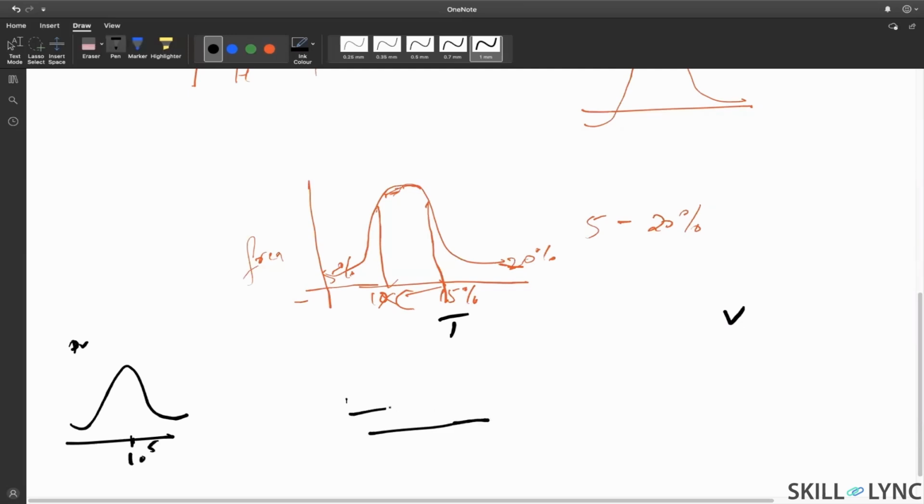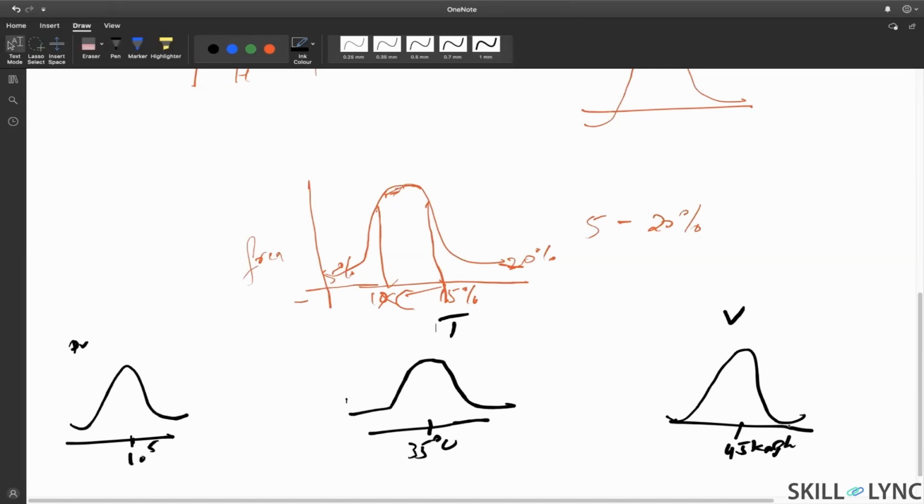For temperature, it would be 35 degrees. For velocity, it would be like, say, 45 kmph. Now, if you notice, the scale is different for all three normal distributions, and the units are also different, right?